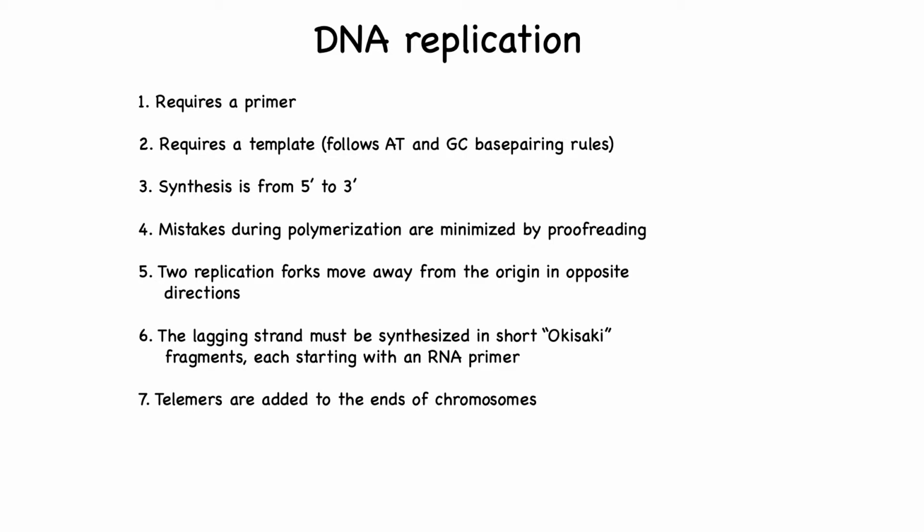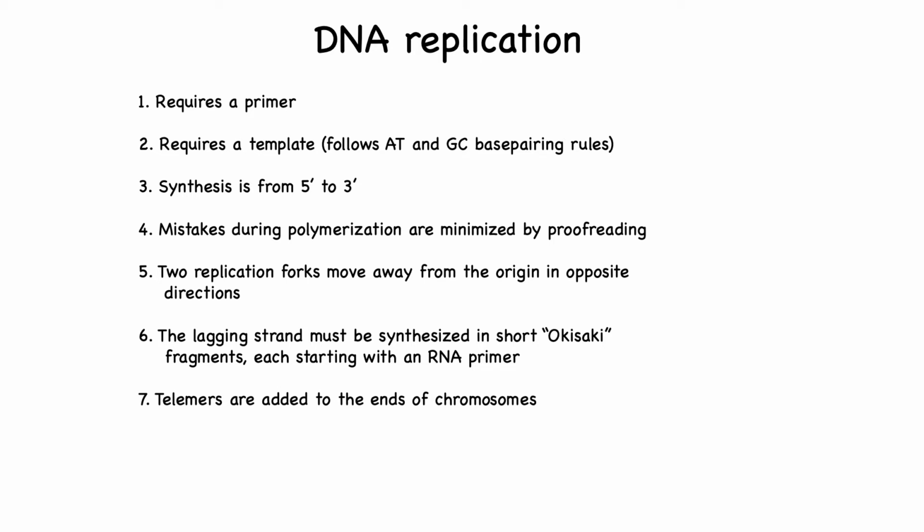Okay, before we move on, I just want to review some of the major points for DNA replication. Again, DNA polymerase cannot initiate synthesis. It requires a primer to elongate off of. Replicating DNA requires a template following the AT and GC base pairing rules. The polymerases can only synthesize in the 5 to 3 prime direction.